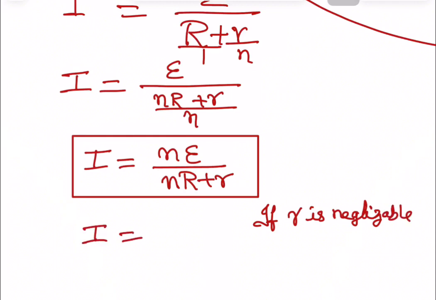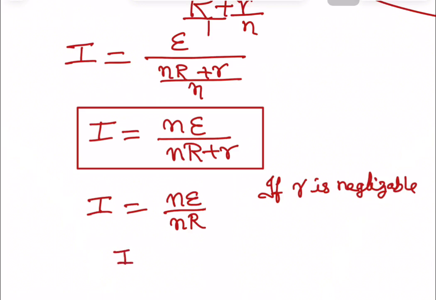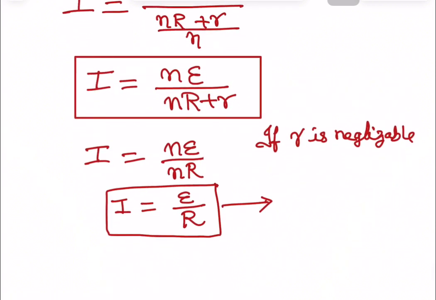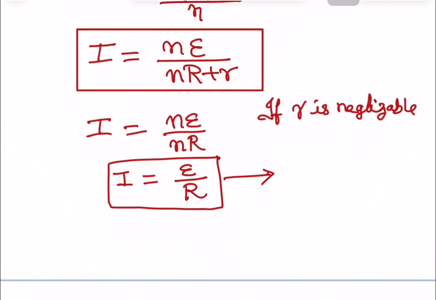Then the current will be equal to nE divided by just n into capital R. The n gets cancelled, which gives the current equal to the EMF of a single cell divided by just the external resistance. It looks like the current is produced by a single cell. If you connect all the cells in parallel, the same current flows through the external circuit.